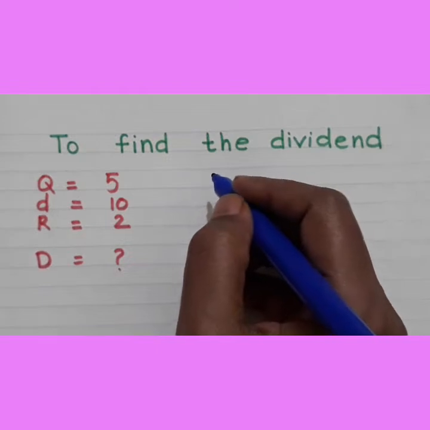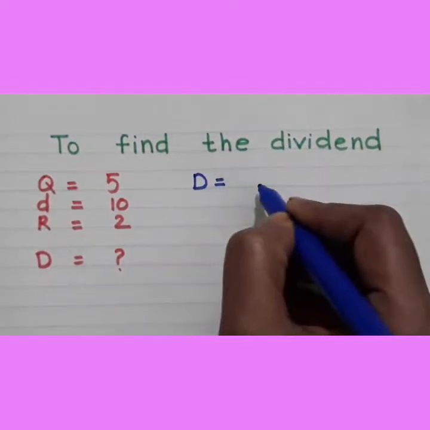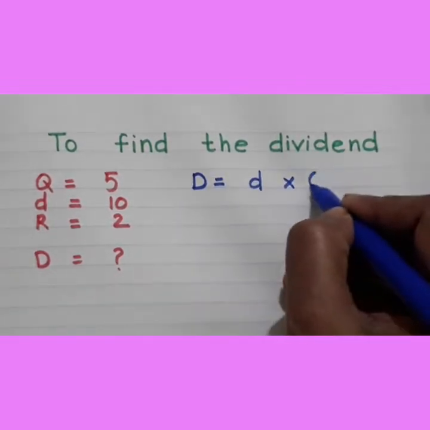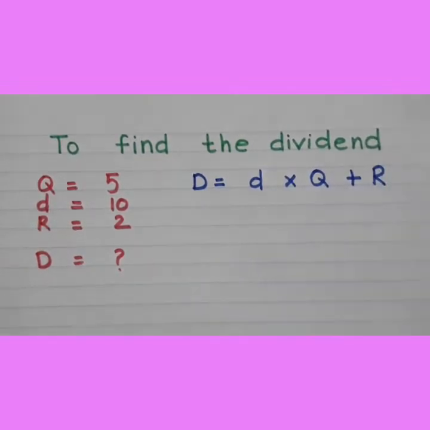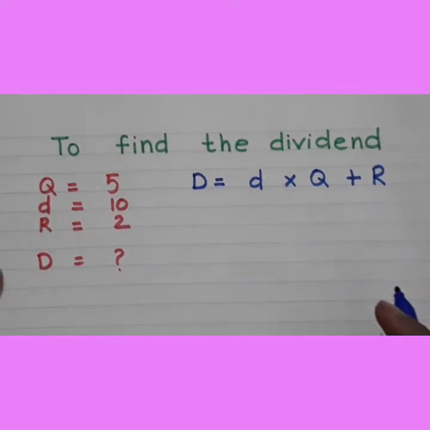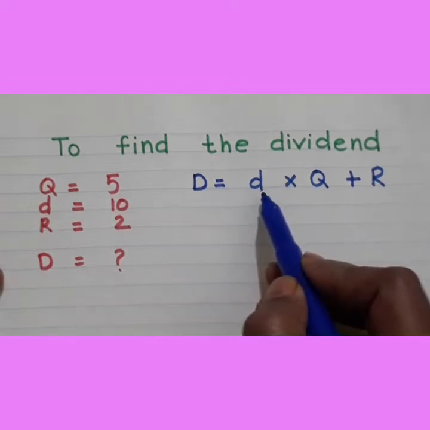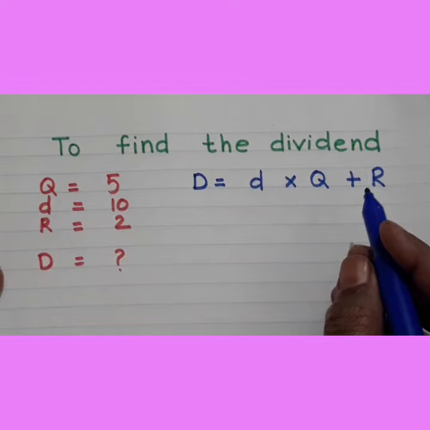It is called the division algorithm, children. Dividend is equal to divisor multiplied by quotient plus remainder. Please do not forget this. So what is the division algorithm? It says dividend is equal to divisor multiplied by quotient plus remainder.